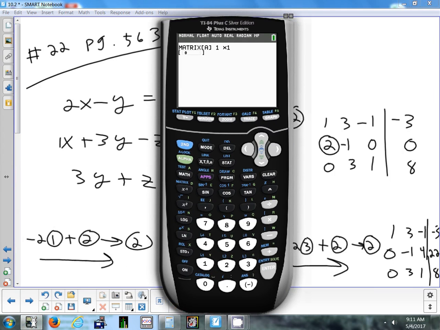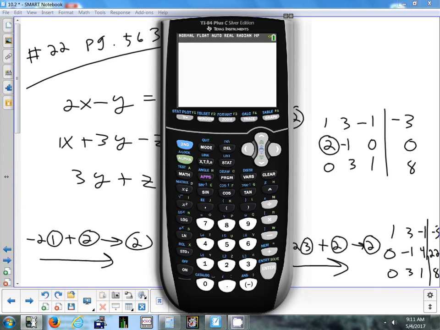So I've got a 3 by 3 matrix: 1, 3, negative 1; 2, negative 1, 0; and 0, 3, 1. That's the left half.